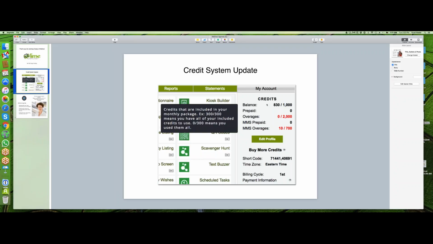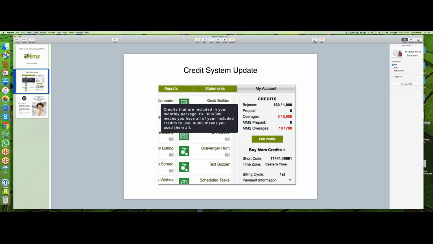So, for example, with free credits, or the credits included in the package that you give your customers, that will be displayed as balance. And the balance starts with, if I got 1,000, I'll start with 1,000 out of 1,000, and then it will start counting down until I finish my free credits.